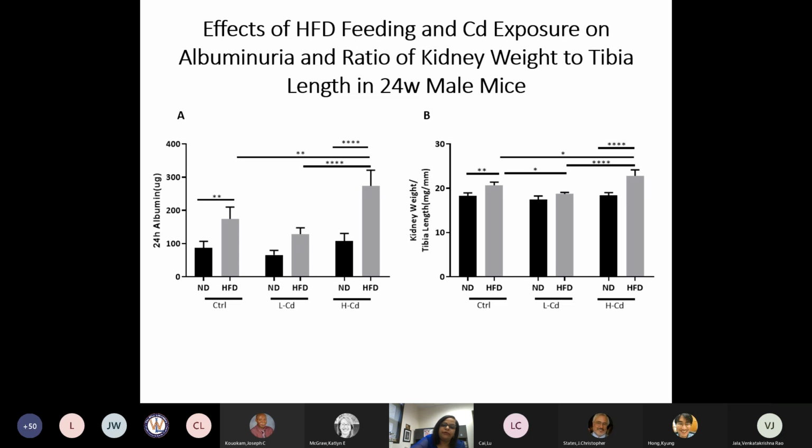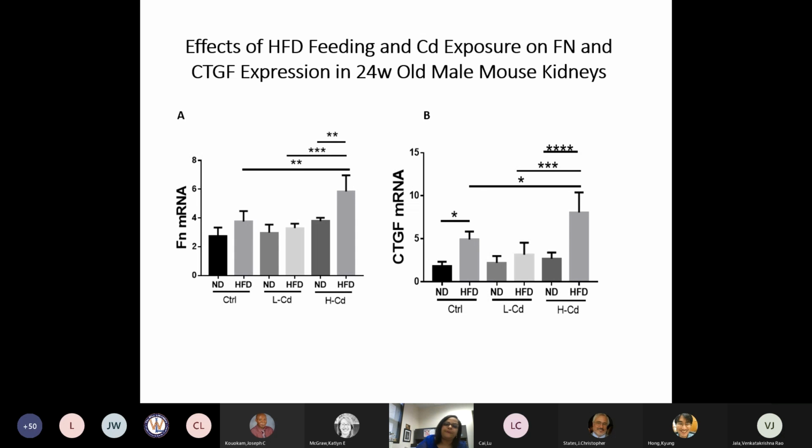Similar results were obtained for kidney weight to tibia length ratio, where high-fat diet induced this KW by TL, which was enhanced further by high cadmium exposure and was significantly decreased by low cadmium exposure in the high-fat diet treated mice.